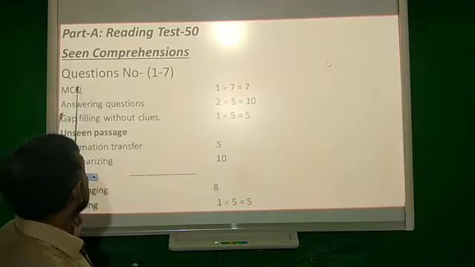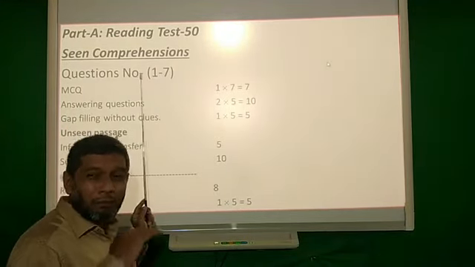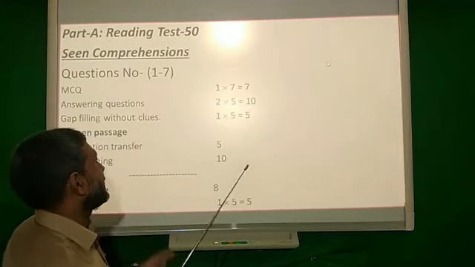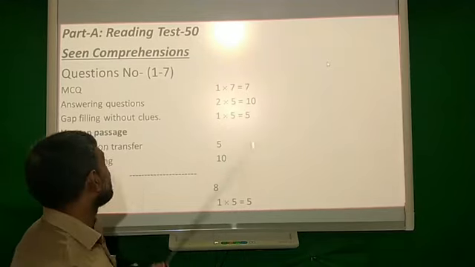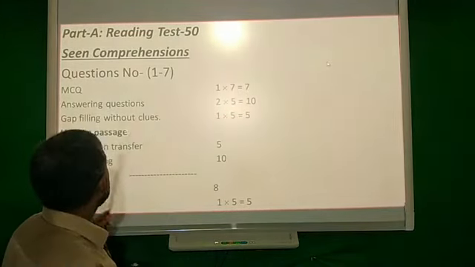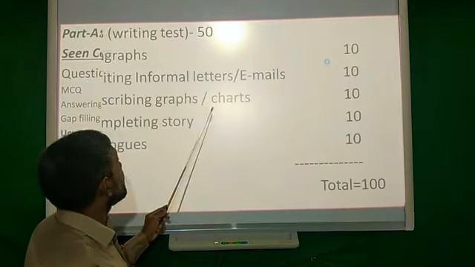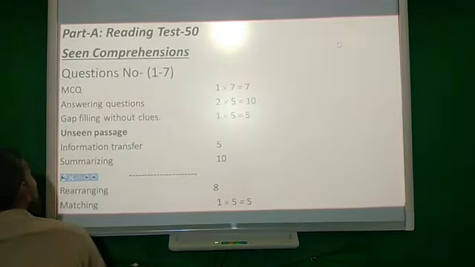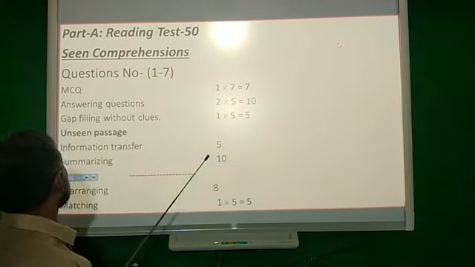What are the items? Number 1 is MCQ, and from class 6 you are answering this question, so you have enough idea, but I am going to tell you some different things today. Number 2, answering questions, it will be 5 and every question will carry 2 marks, so it will be totally 10.